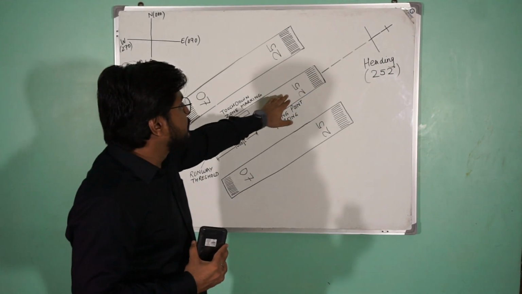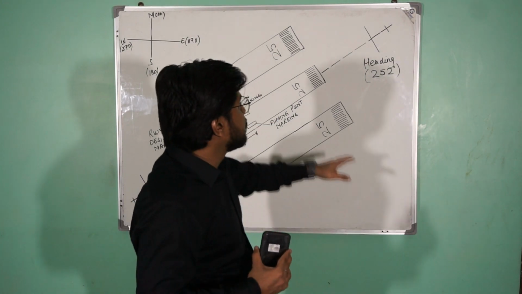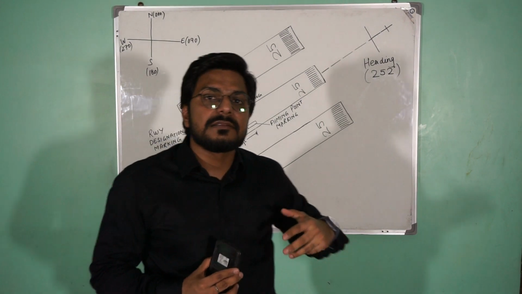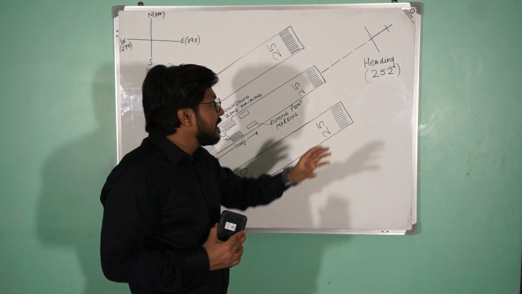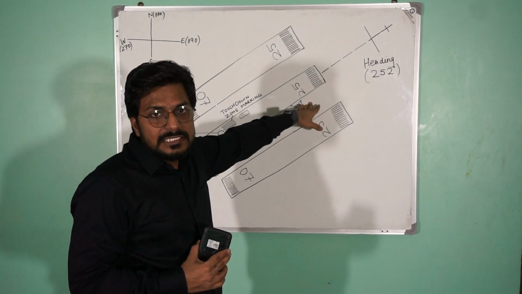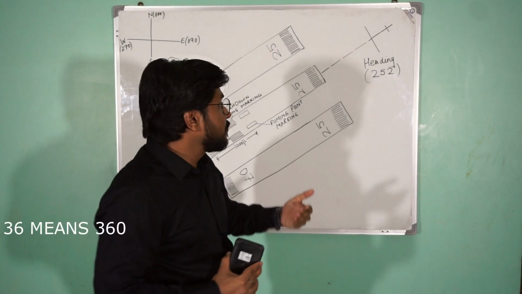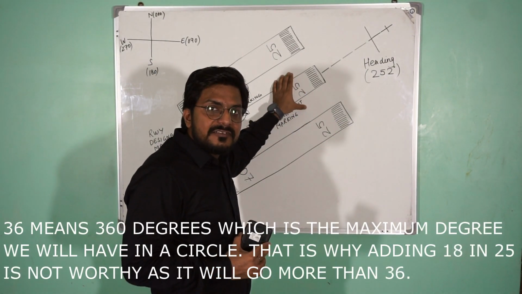Now suppose the examiner says you have to draw runway 25, and you have drawn it, and now the examiner says to draw the opposite runway. Here you cannot add 18, because it would go more than 36. So we take the reference of this number.